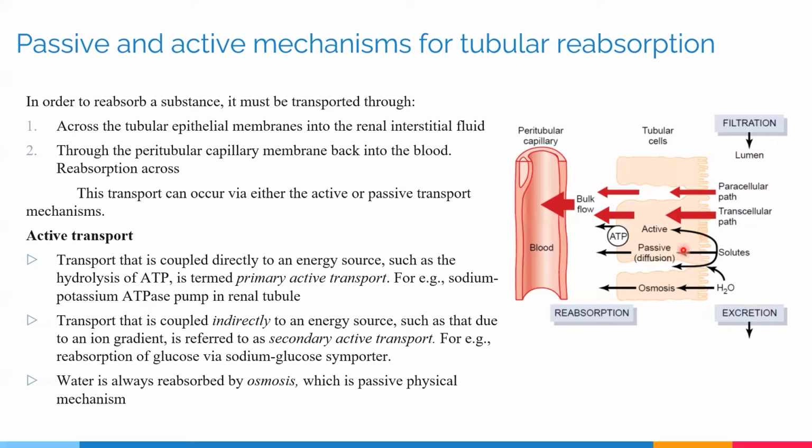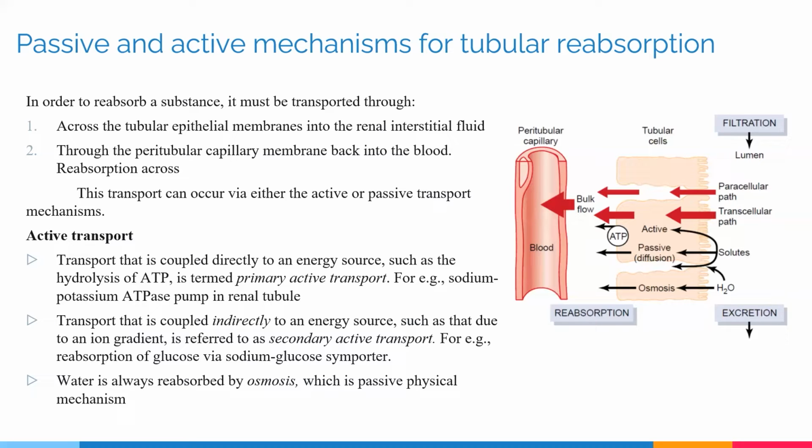So the cells pick the particular solutes up on their basolateral side and then allow their passage into the interstitial fluid at their luminal side. So solutes can be transported either through the epithelial cells themselves or between the cells.